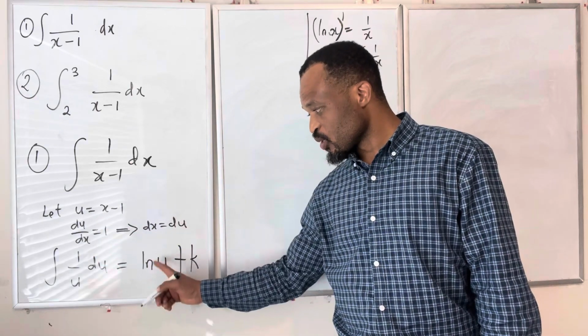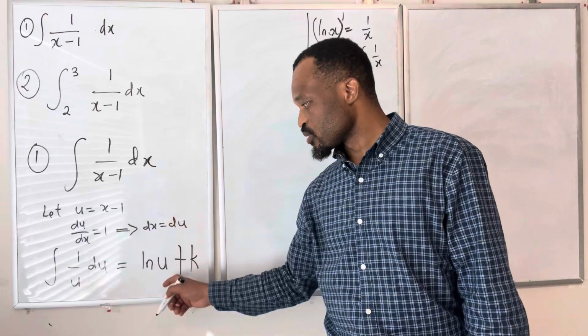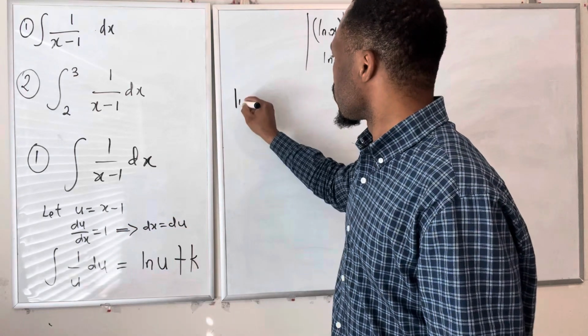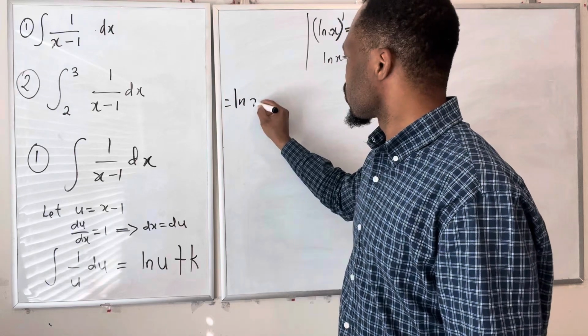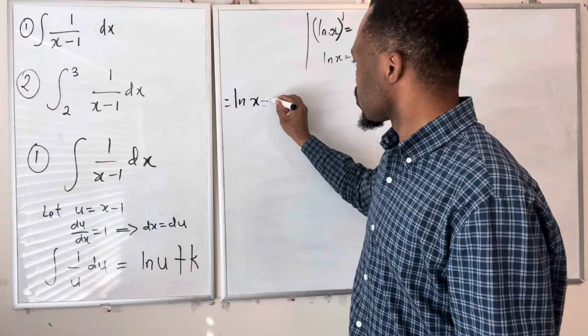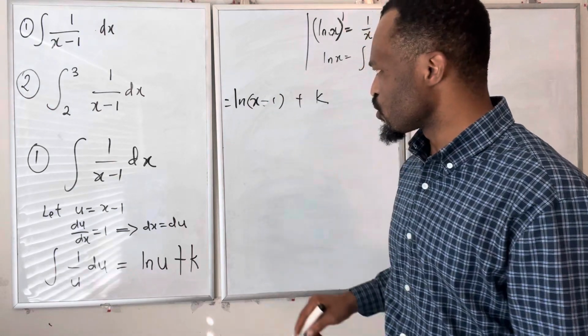We're not done yet. We'll substitute back x minus 1 for u. So we'll say ln of x minus 1, plus a constant of integration.